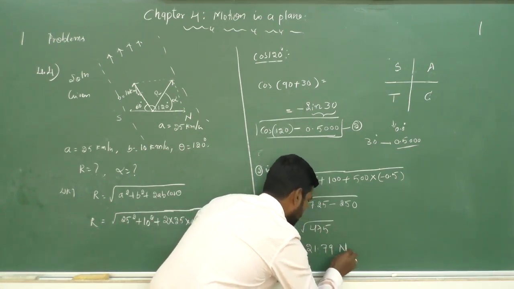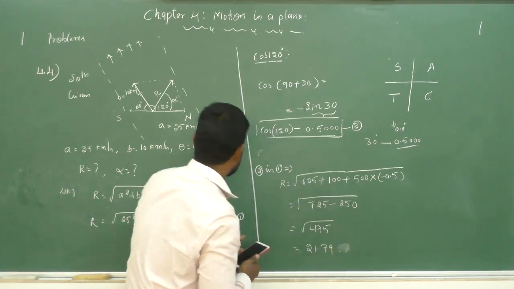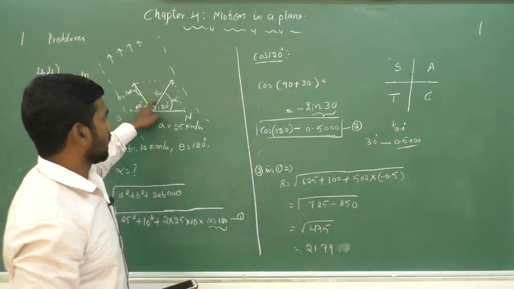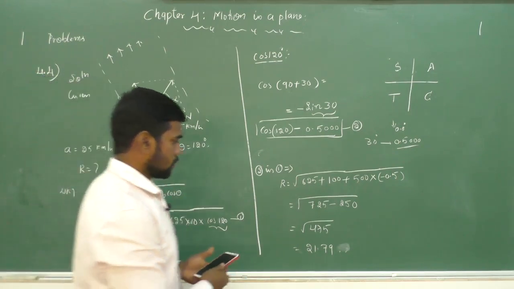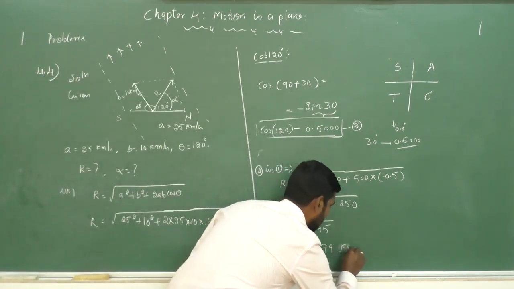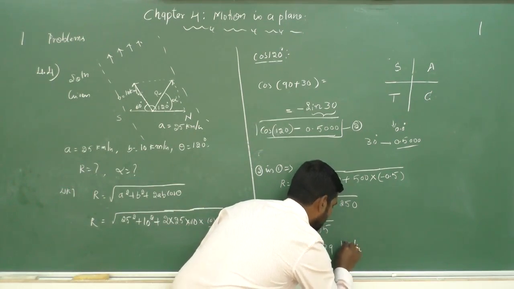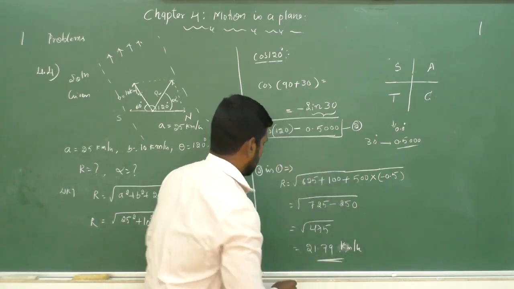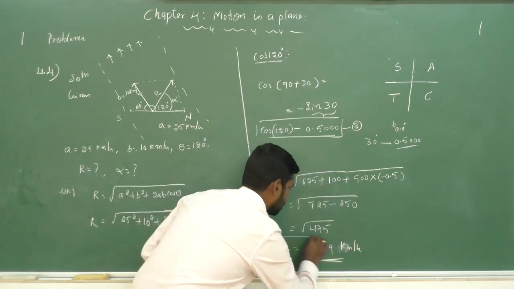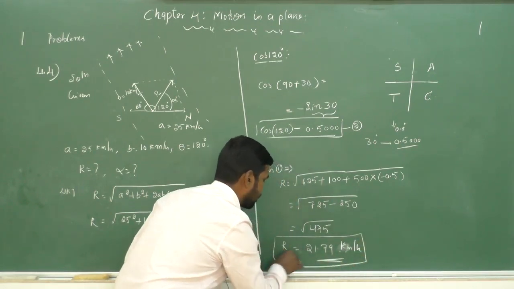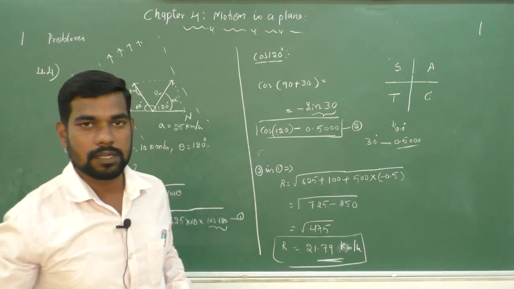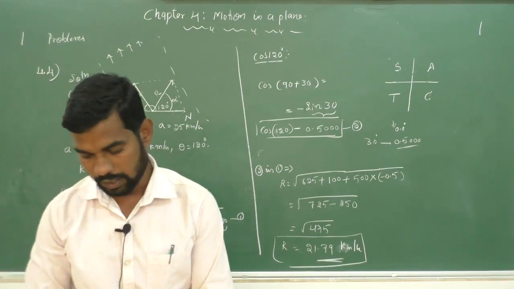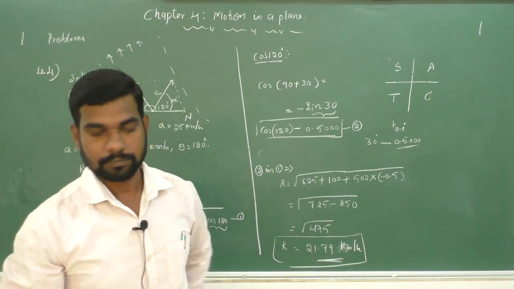Not Newton, here it is the resultant velocity, which is given in terms of kilometer per hour. So here it will be kilometer per hour. That one is the R value, resultant velocity, 21.79 kilometer per hour. That one is your resultant.